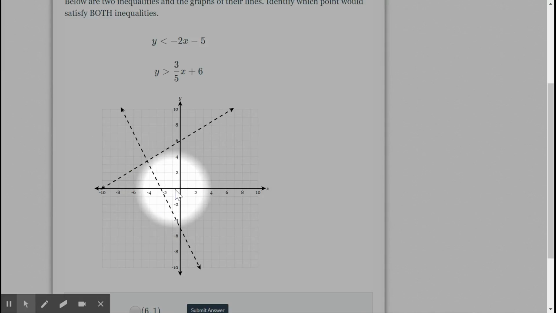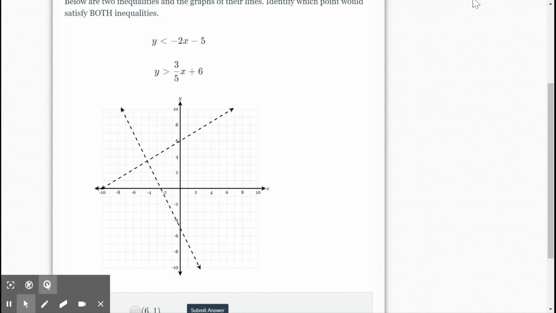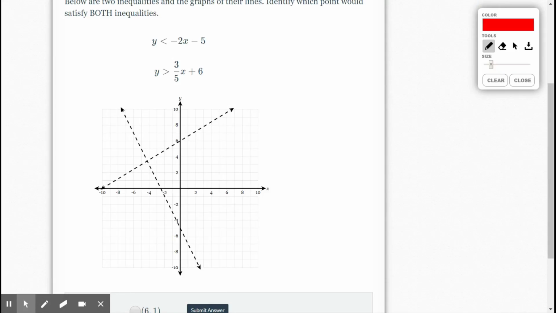Well, we can test the point (0, 0). We plug (0, 0) into the actual inequality. Bear with me, I have to use my finger. If I plugged (0, 0) into this inequality, would it be true?